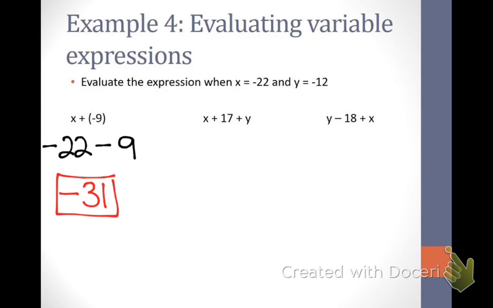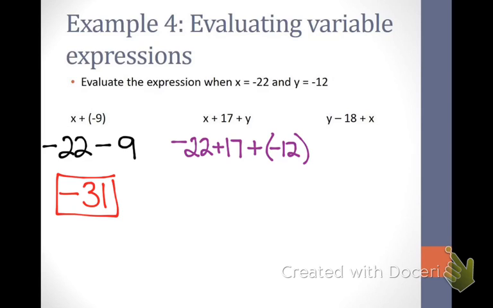So now let's do the next one. We make our substitutions. Negative 22 plus 17 plus negative 12. Well, why did I write it that way? Because in the original expression, there's already a positive, and I had to plug in my negative value for 12. But I know as I'm writing that it turns into a subtraction sign.